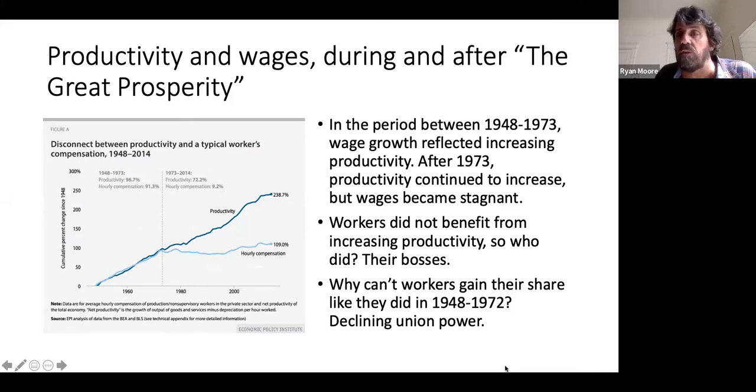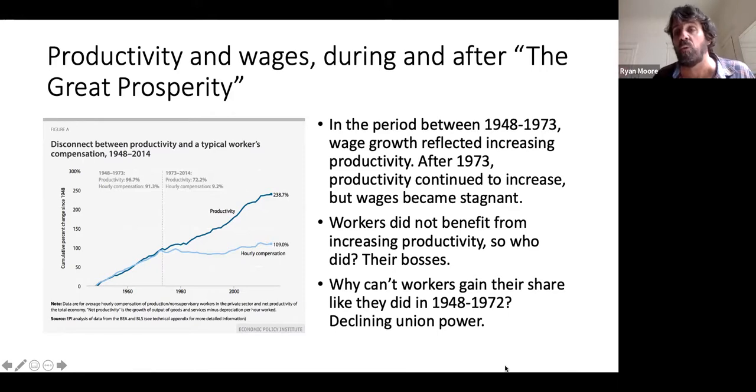So who's profiting from this increasing productivity with stagnant wages? And I think we know the answer to that now: it's this wealthy 1%, and particularly the ownership class, right?